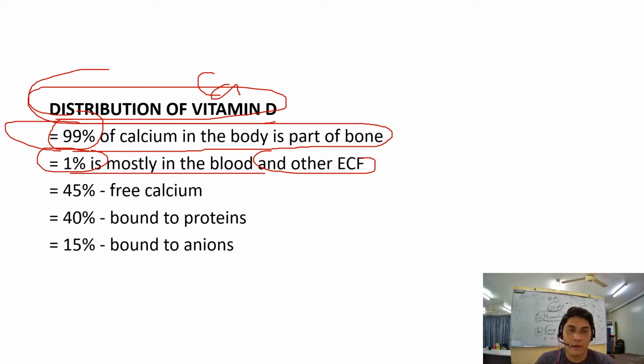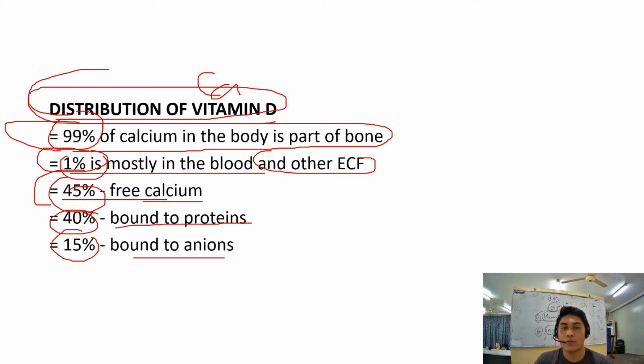Of that 1%, approximately 45% is free calcium, or the ionized form, 40% is bound to proteins, and 15% is bound to anions.